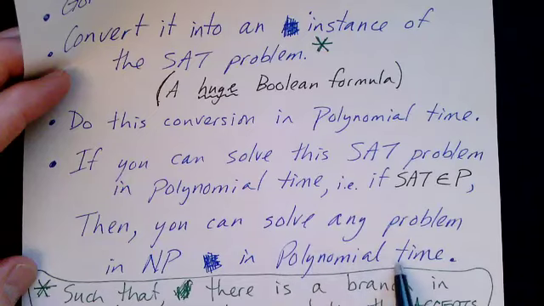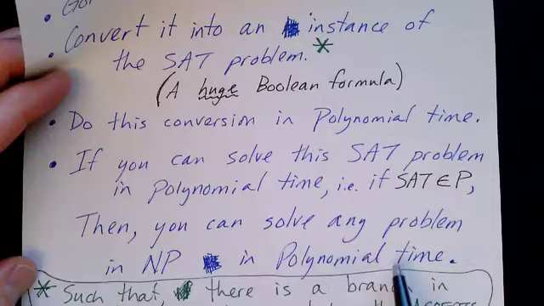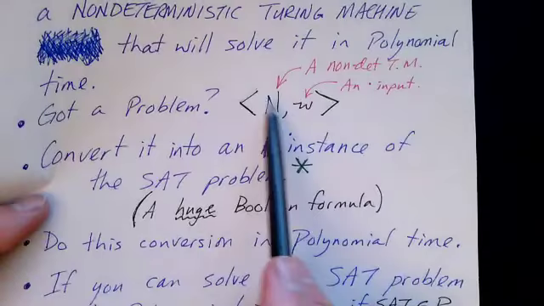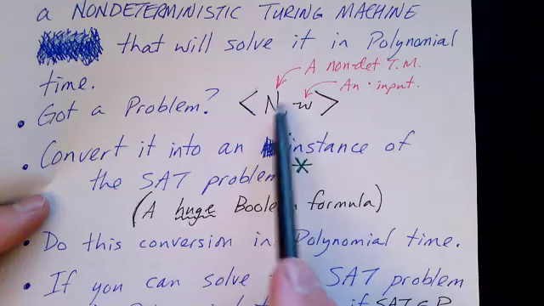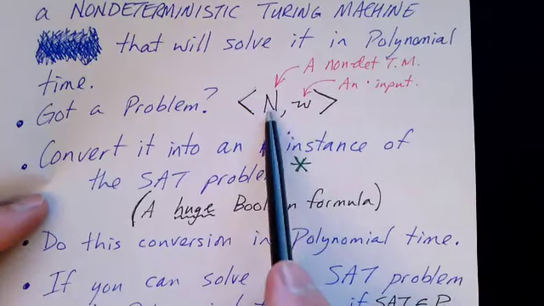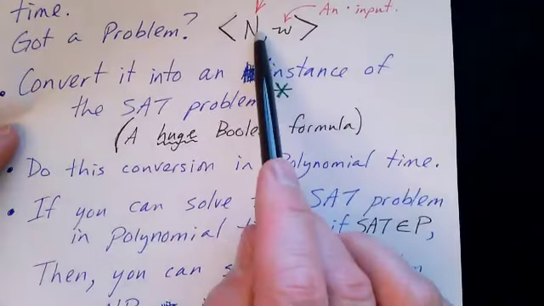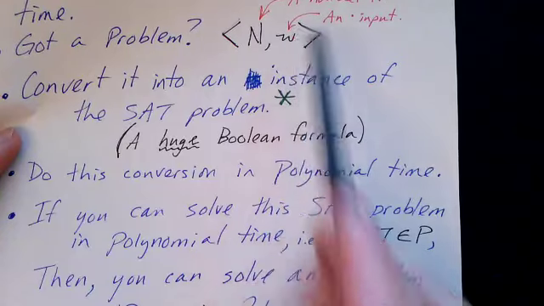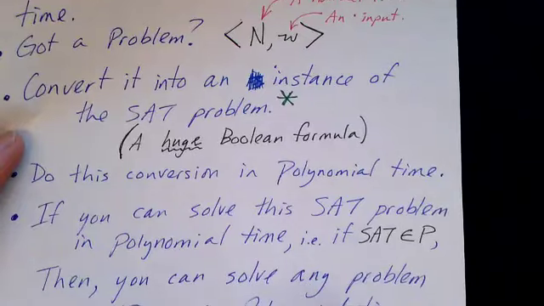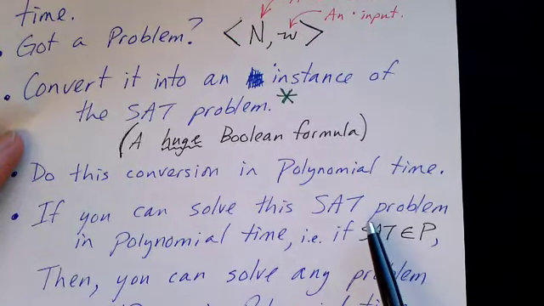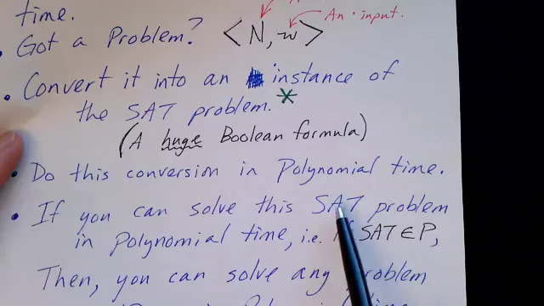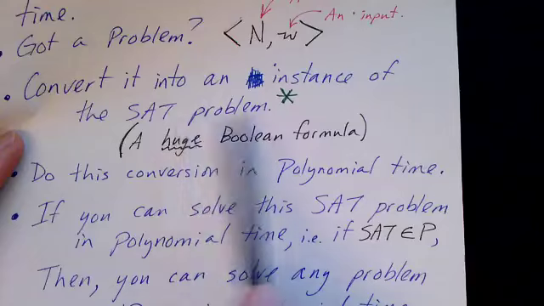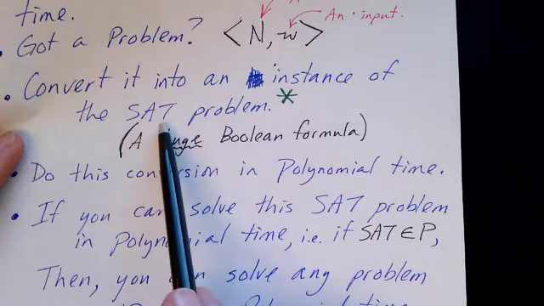in polynomial time. If you've got a problem in NP, then what you've got is a non-deterministic Turing machine that runs in polynomial time and an input. That's the nature of the problem. That's what you would have if you have a problem in NP. And can you tell whether that non-deterministic Turing machine accepts that input? And can you do it in polynomial time? Well, what we're going to do is convert it into an instance of the satisfiability problem.